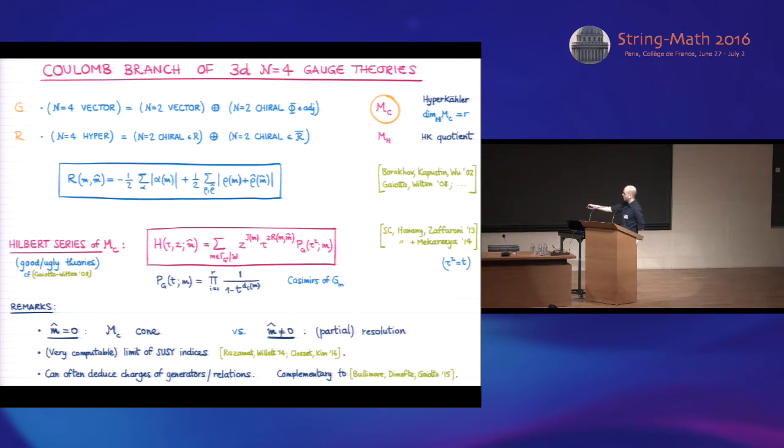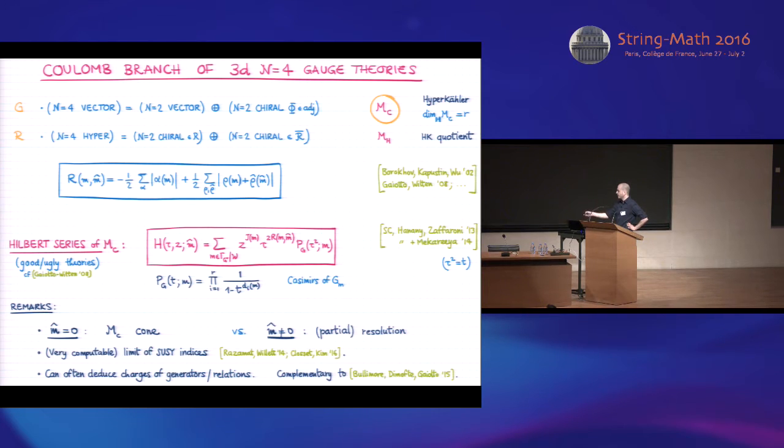In this definition, we can include for free some background magnetic charge for the flavor symmetry. When you set it to 0, you actually get the Hilbert series of the Coulomb branch as a cone. But it's also interesting to turn on these background magnetic charges to look at partial resolutions and line bundles.